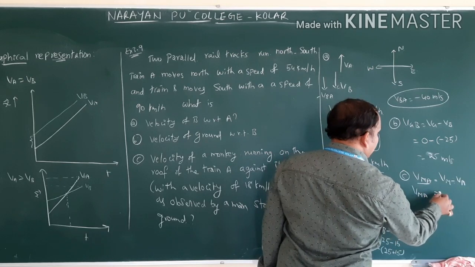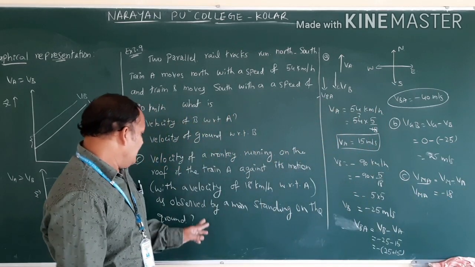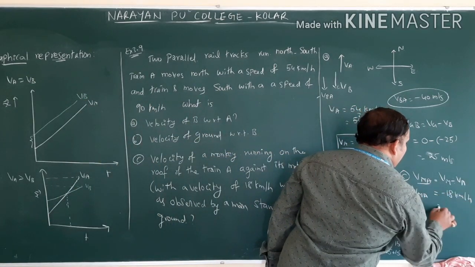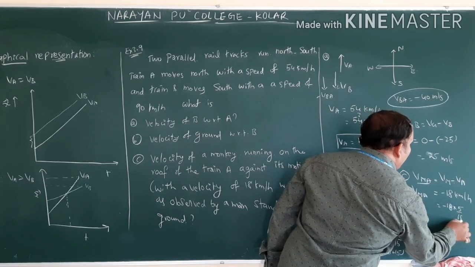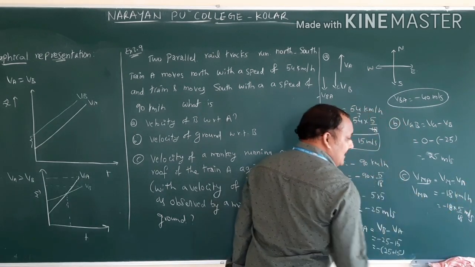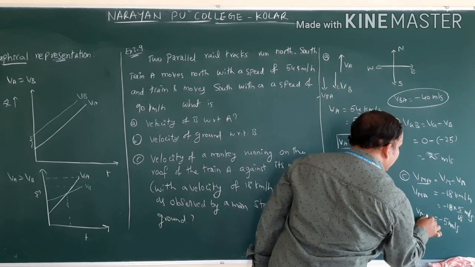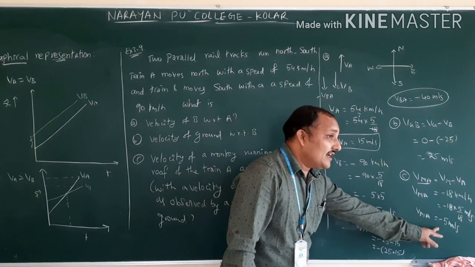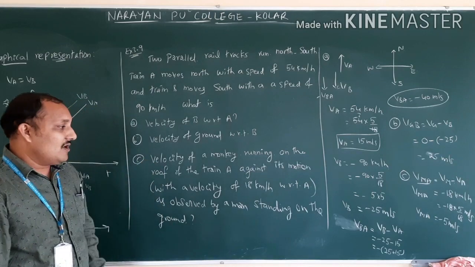VMA is equal to minus 18 km per hour because they gave 18 km per hour. So 18 km per hour means minus 18 into 5 by 18 meter per second. Then you will be getting minus 5 meter per second. This is VMA, velocity of monkey with respect to A. Why did you get negative here? Because it is moving against the direction of A, that is nothing but towards south.